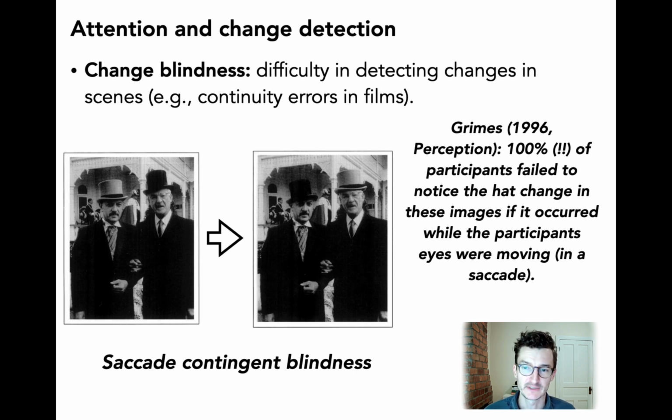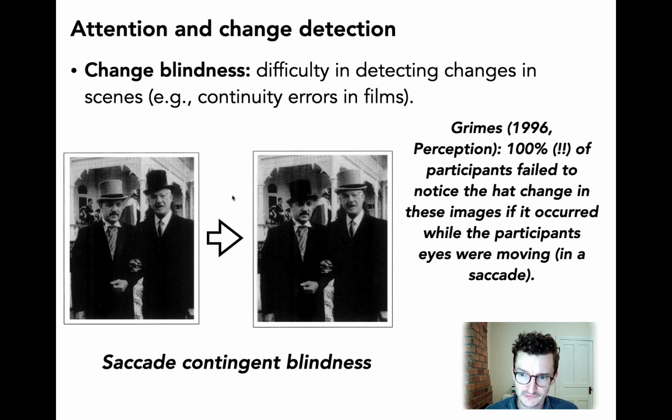So one effect that's been studied is saccade contingent blindness. So again, a saccade is a movement of the eyes. And what they found in this 1996 study was that if they flipped the hats that these two men were wearing, in these images, while participants were mid-saccade, so while they were moving their eyes, 100% of participants failed to notice the hat change.